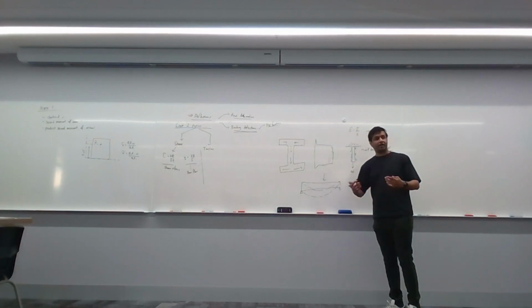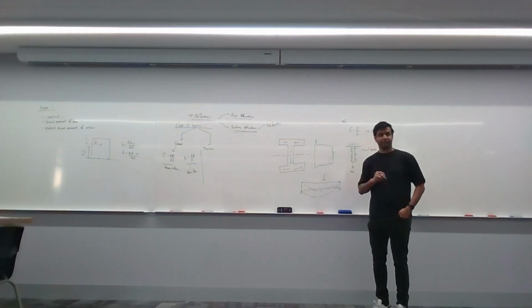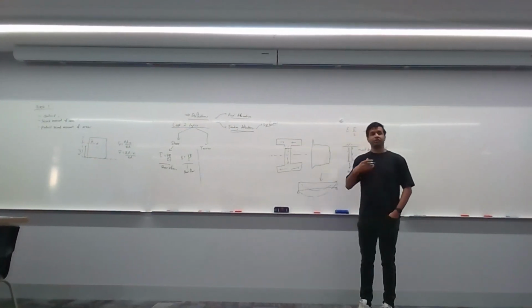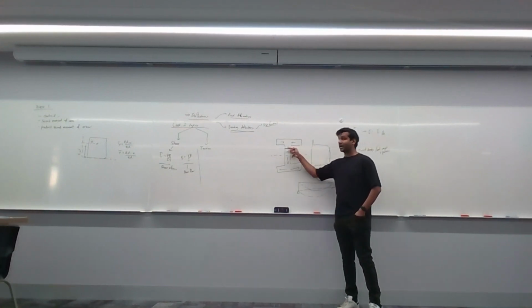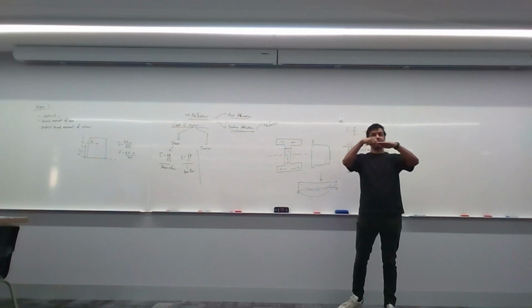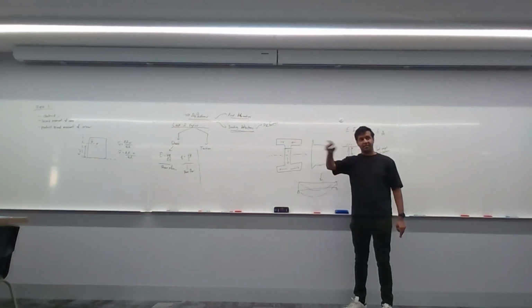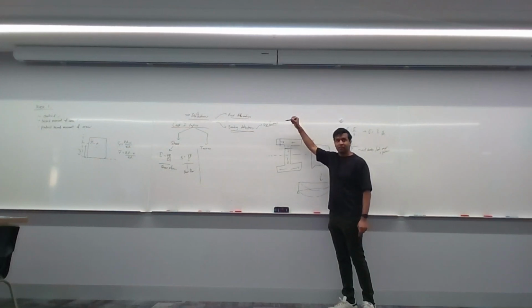To calculate that, all you've got to do is first note where the centroid is, right? And let's say I want to find the shear stresses right here. Then, if you recall, you will take a cut. And remember, your cut needs to be perpendicular to the direction of the shear flow. In this case, the shear is moving down this way, so my cut is perpendicular to it. If I wanted to find out how much shear stress there is across this cross section, then my cut is going to be vertical, right?